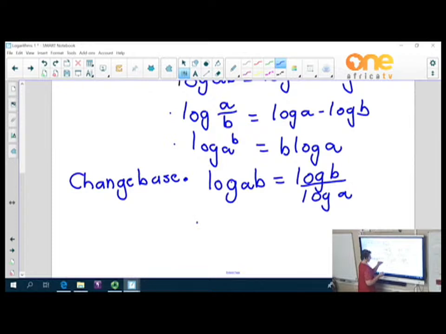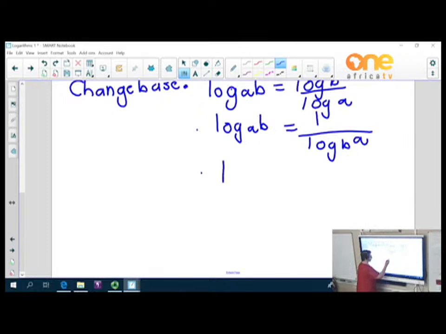Another one, it's the same thing actually, is that log base A of B is 1 over log base B of A. So it's also a change of base, and then it's this reciprocal. We will use this quite often.